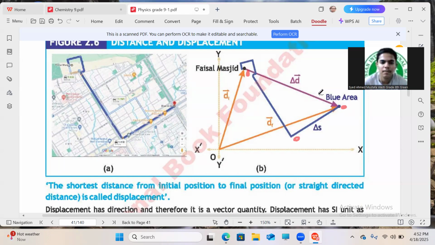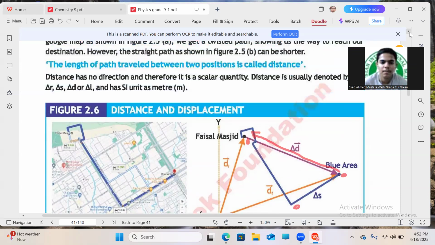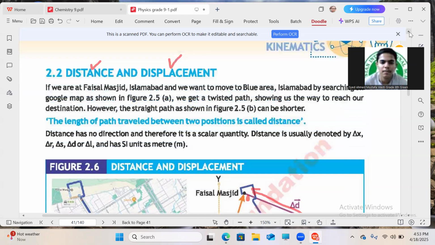But if you take a shortcut, this is known as displacement. Understand that or not? Yes, ma'am, I understand. And also, I've seen Faisal Mosque with my own eyes. So it is the difference. It is a very important topic of our class, differentiating between distance and displacement.